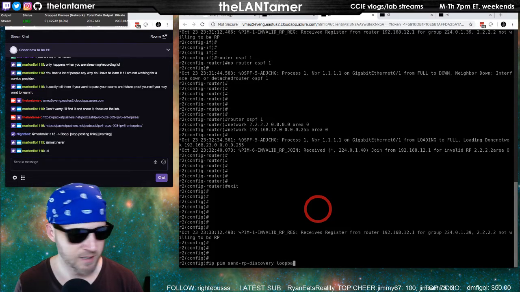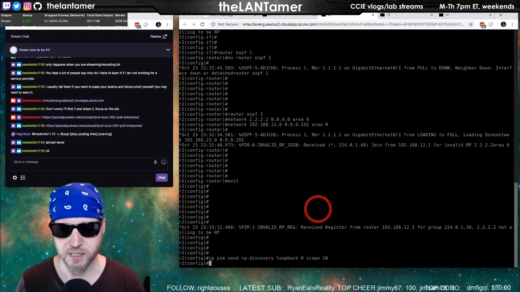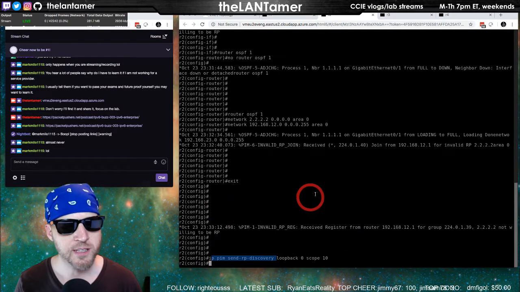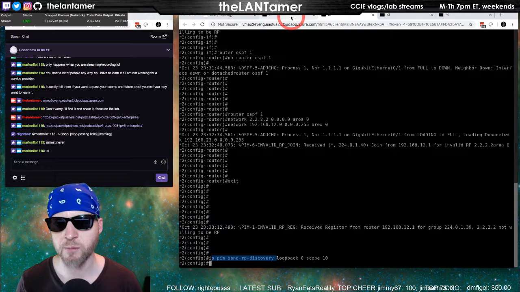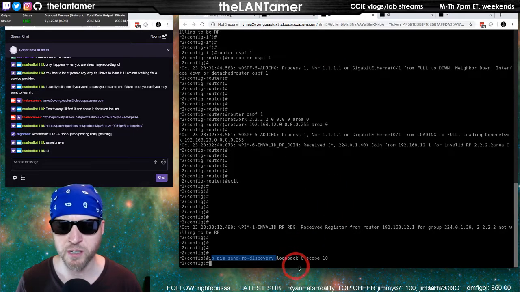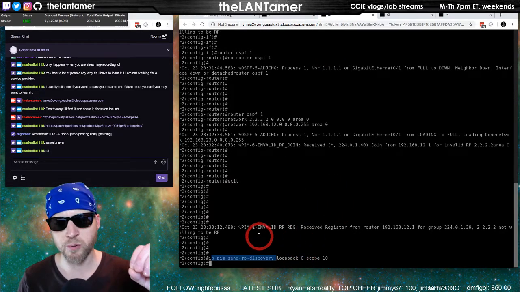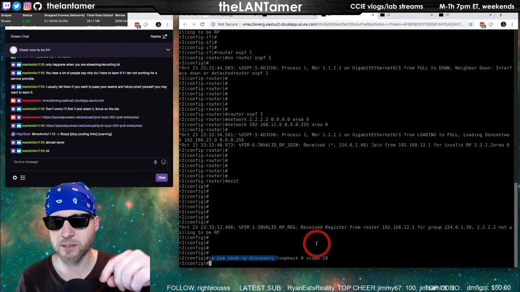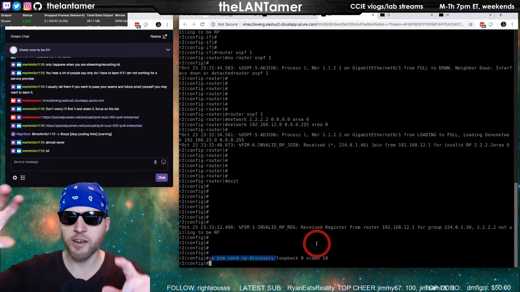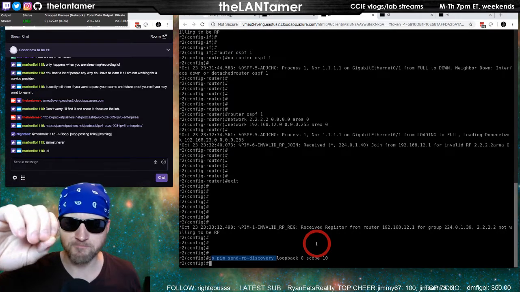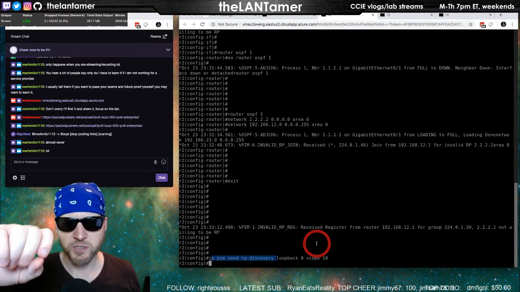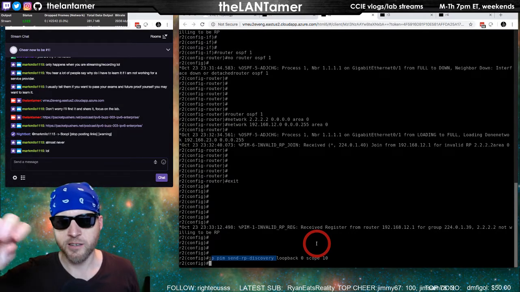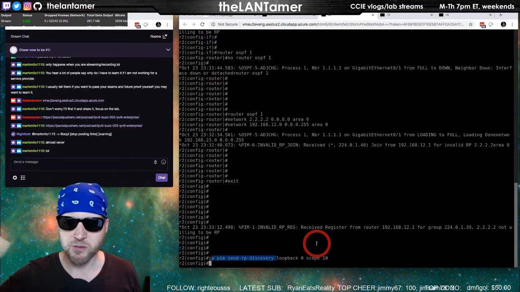Loopback 0, scope 10. So this is the RP discovery. What the lesson actually did earlier, this was not a lab, but it had some diagrams showing you how you could set up a rendezvous point running auto RP that was announcing, and then you had an auto RP mapping router that was configured with the discovery, and it was not connected to all the other routers.